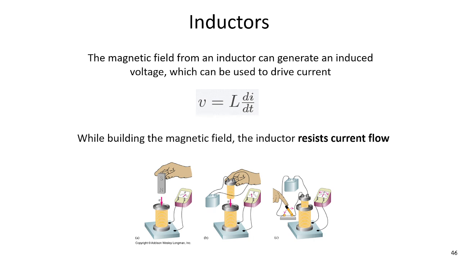The magnetic field of the inductor can generate an induced voltage. It can be used to drive the current. V is L di by dt. If you move the magnetic field, you get the current flow. While building the magnetic field, the inductor resists the current flow here.